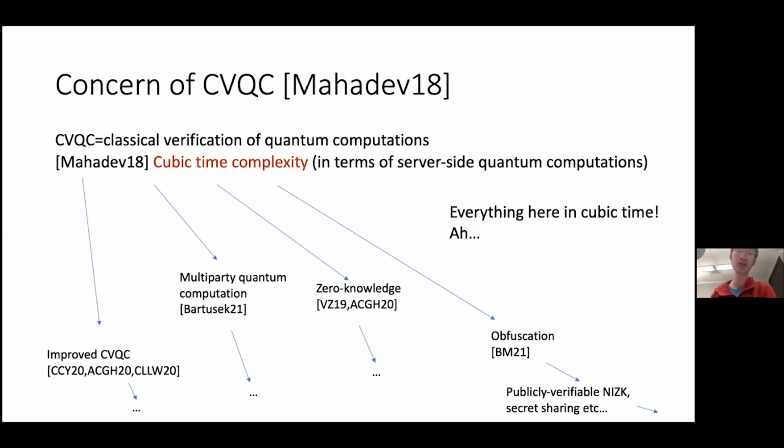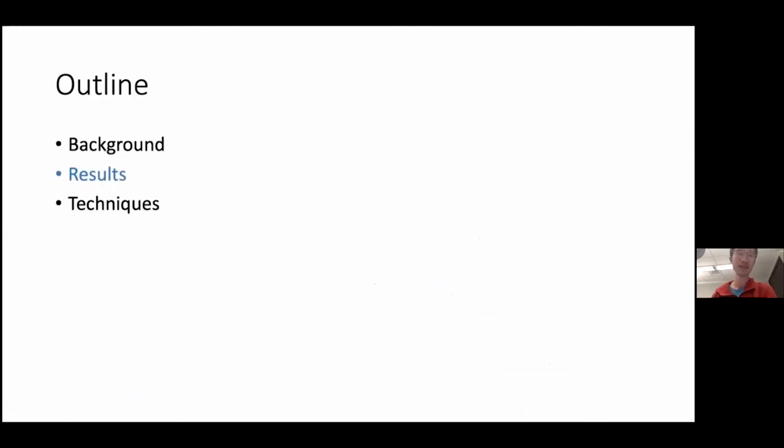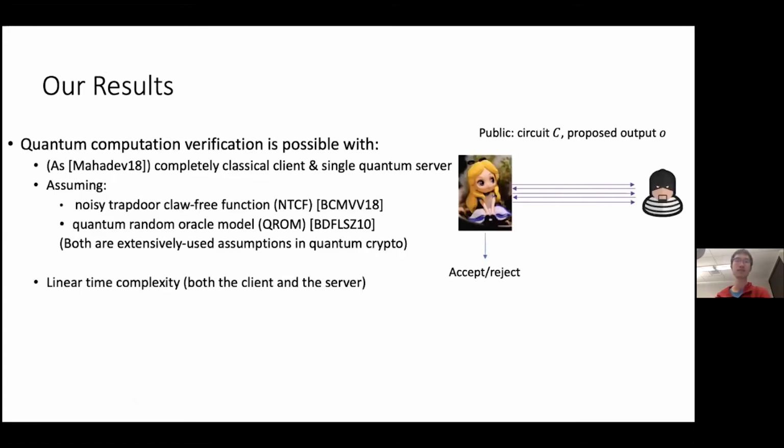So here come our results. In this work, we construct a new CVQC protocol, a classical verification of quantum computation protocol, which runs in linear time. In more detail, it shows that quantum computation verification is possible with a completely classical client and a single quantum server, which is the same setting as Mahadev 18.